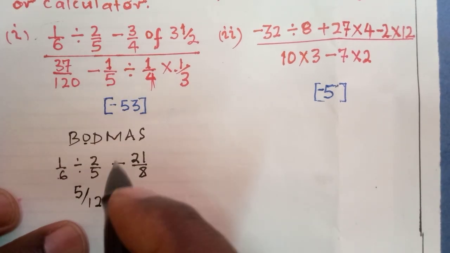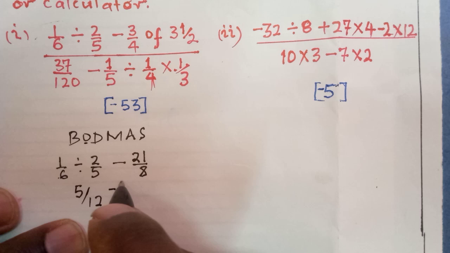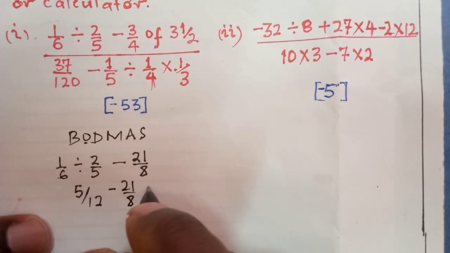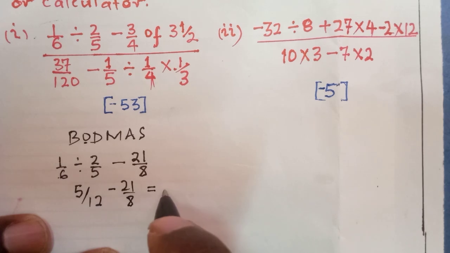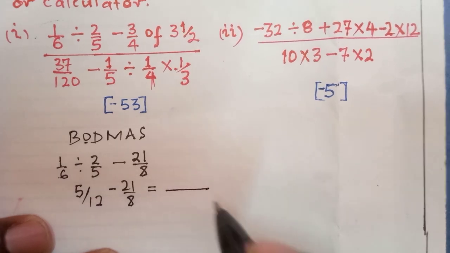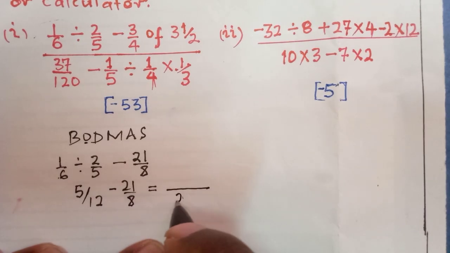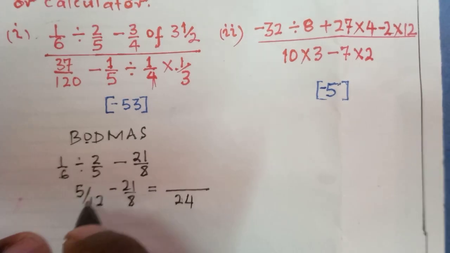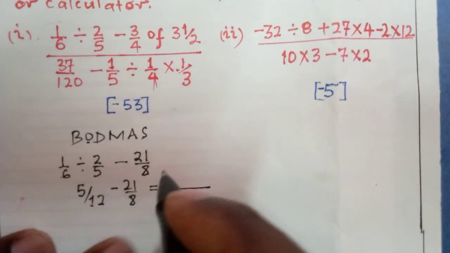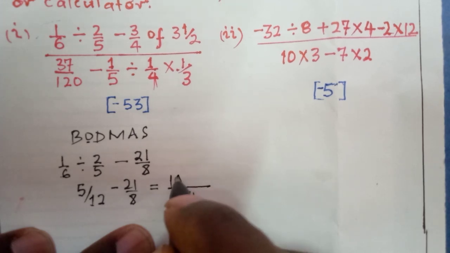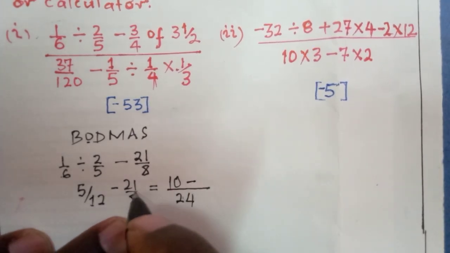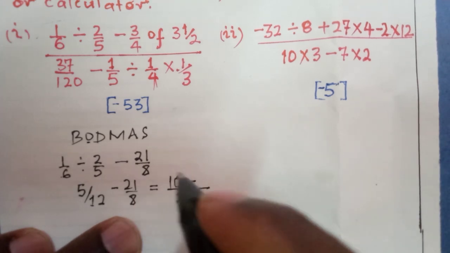Now we minus 21 over 8. So this one is going to give us, we find the LCM for that is 24. 24 divided by 12 is 2 times 5, that is 10, minus 24 divided by 8 is 3, multiplied by that it will come to 63.